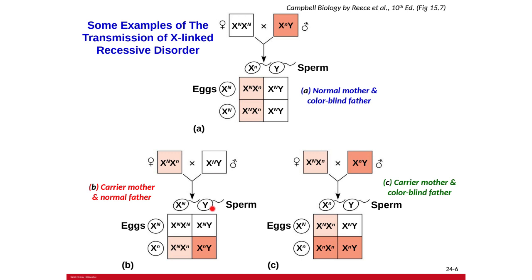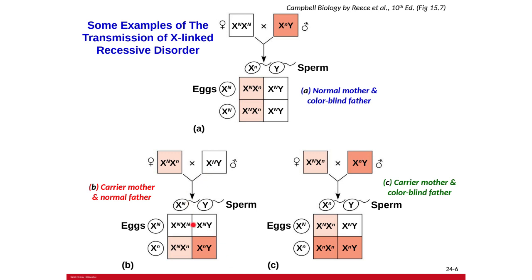If we look at the sons, well, the male has to pass on the Y. And the female can pass on a good copy. So 50% of the time, she would pass on a good copy of the gene, which would be X big N. But 50% of the time, she would pass on X small n. So there's a 50% probability, if the female is a carrier, that her son will have color blindness.